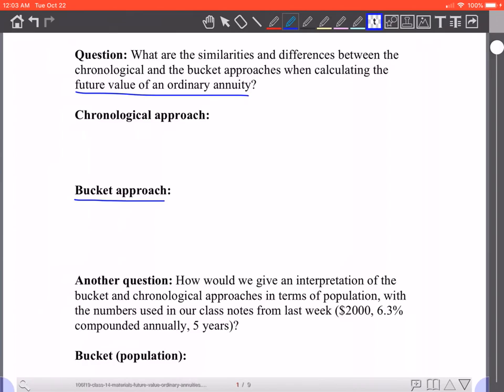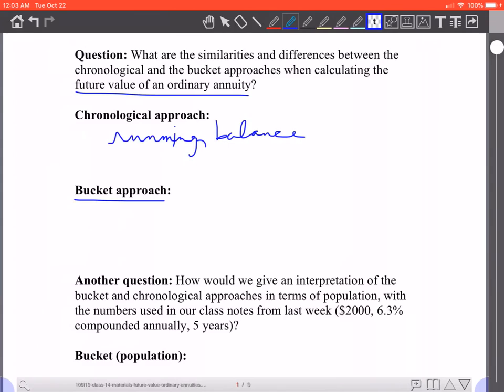So what are the similarities and differences? Well, think about them as being similar in the sense that they're both talking about annuities, but they're different in the sense that the chronological approach looks at an annuity and a future value of an annuity as a running balance. Remember, we filled out that table that you also had to do for homework.